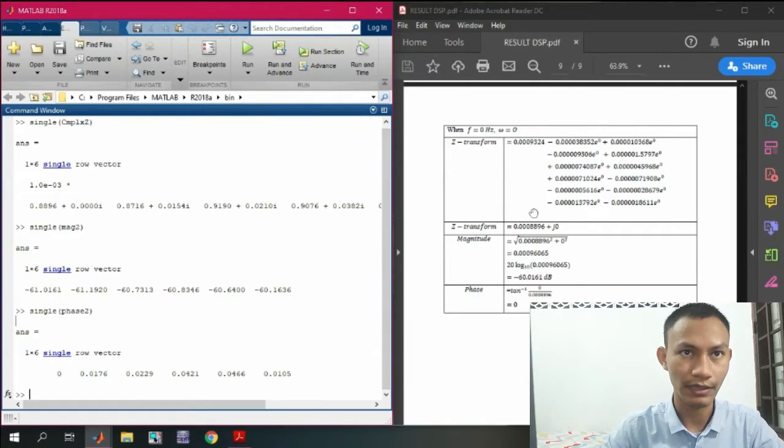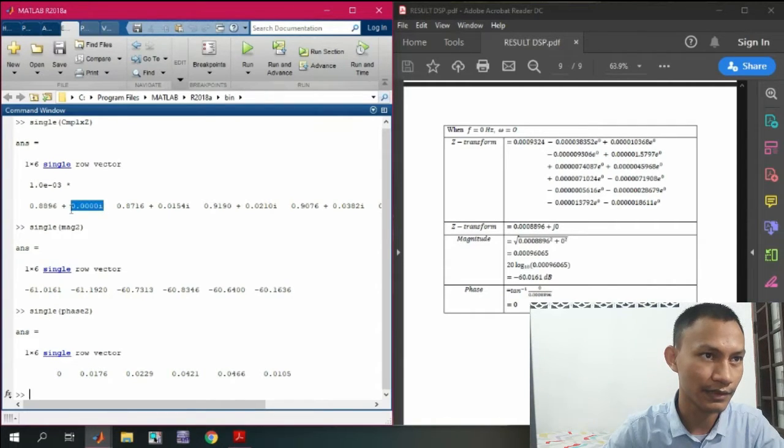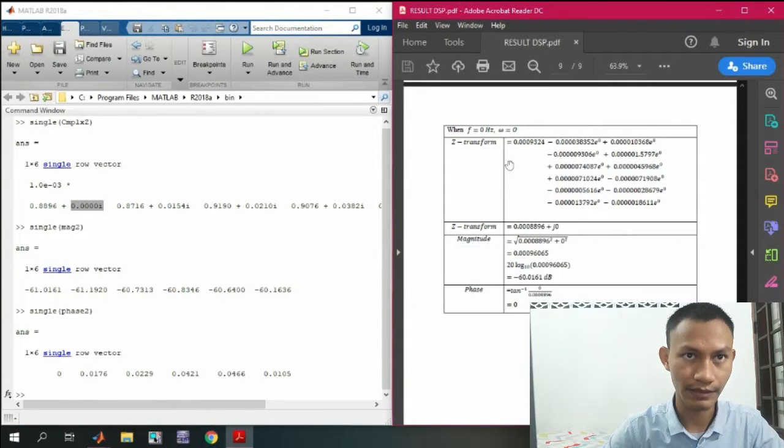So we can get the Z transform of the complex here 0.8896. The phase, the imaginary, is 0. So I prove it here. When the frequency is 0 and when the omega is 0, the Z transform will produce 0.008896 plus 0 imaginary.